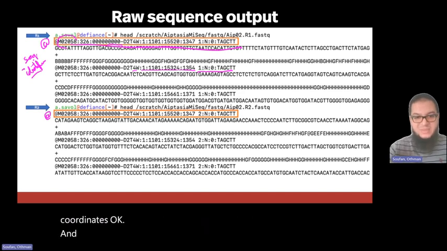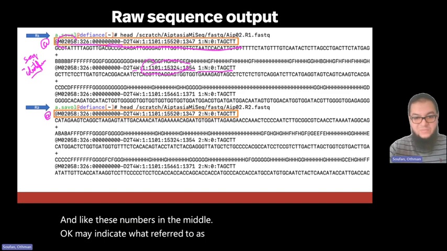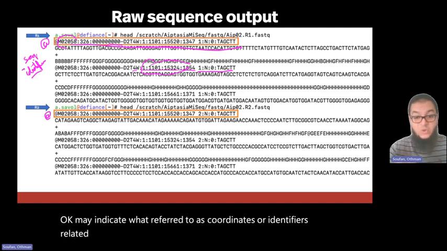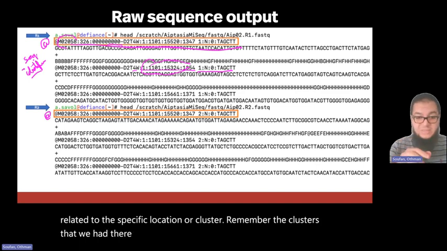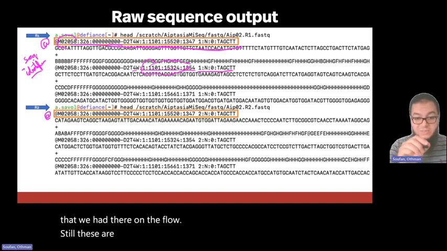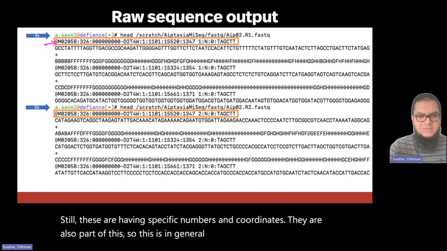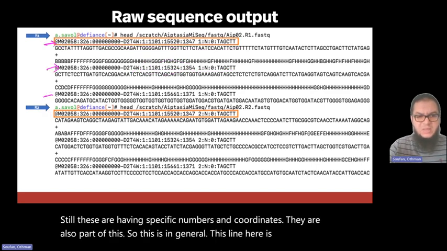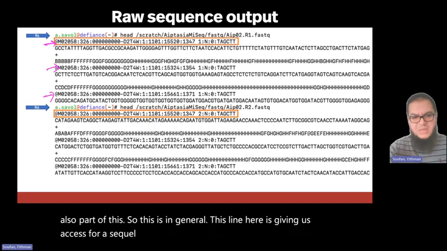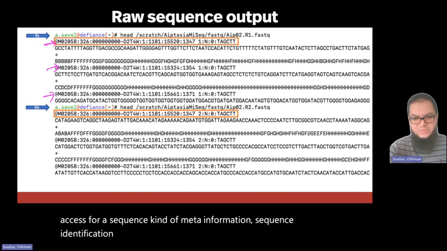These numbers in the middle may indicate coordinates or identifiers related to the specific location or cluster. Remember the clusters that we had on the flow cell? They have specific numbers and coordinates, and they are also part of this. So in general, this line gives us meta information, sequence identification, sequence information.